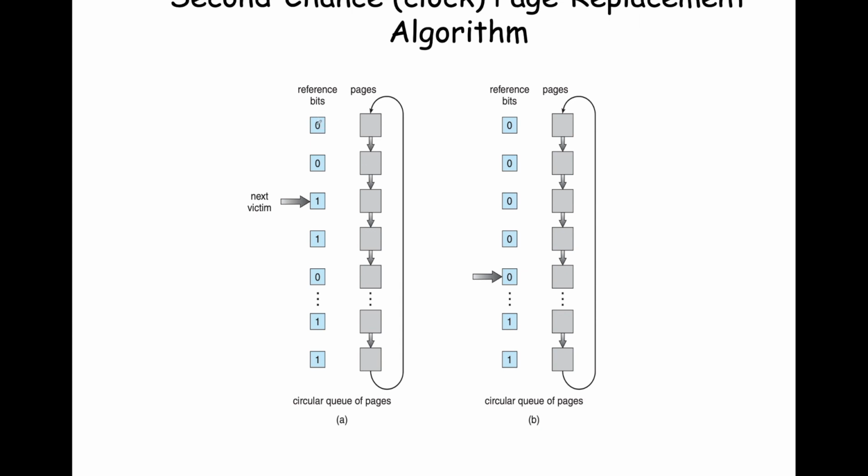So here we have the next victim we're going to select, and if that victim is 1, it sets it to 0 and moves to the next one. It sees that the next one is 1, sets it to 0 and moves to the next one. And it comes to a 0, so it replaces that page, selecting it as the victim.